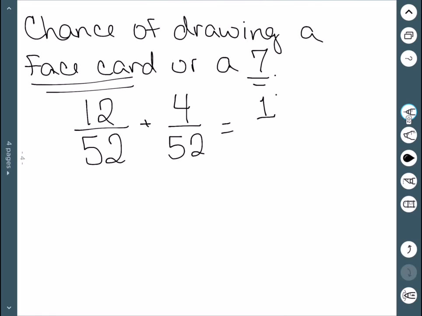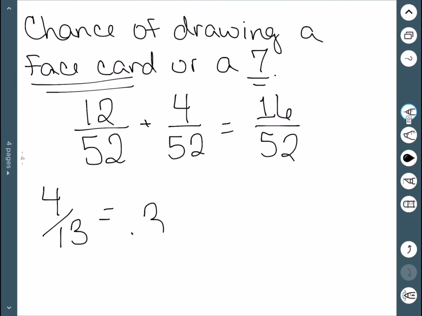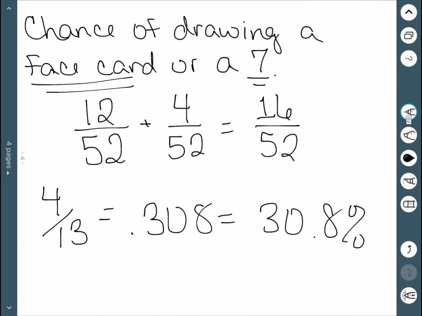So this gives us a total of 16 out of 52. Once again, there are several ways to write this. We could write it as 16 over 52, or 4 over 13, or 0.308, or 30.8%. Any of these answers are fine.